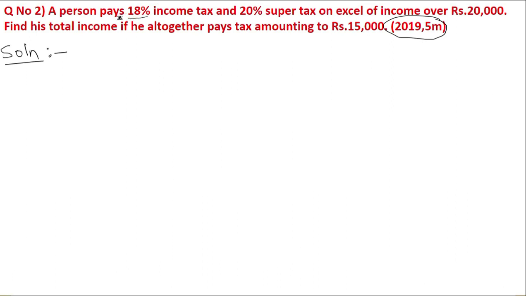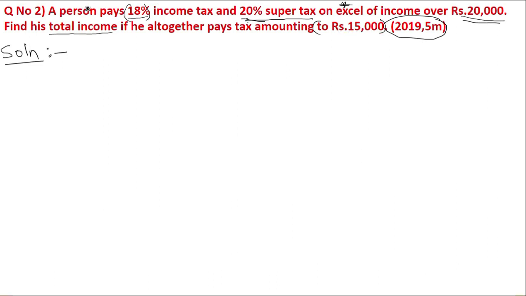A person pays 18% income tax and 20% super tax on excess of income over 20,000. So excess of income, they have clearly mentioned. The excess of income means the income is increased plus. Find his total income if he altogether pays taxes amounting to 15,000.